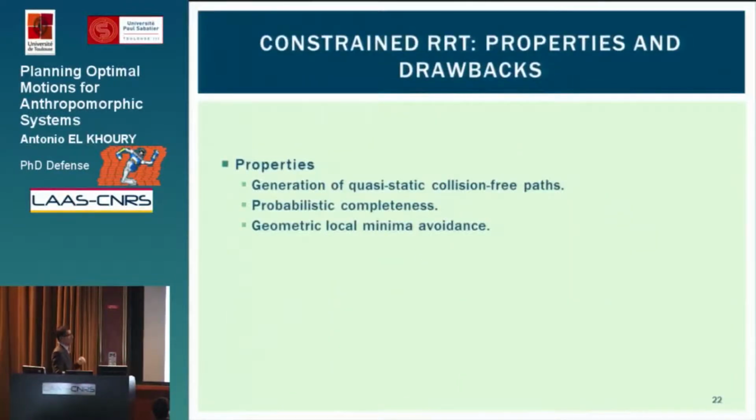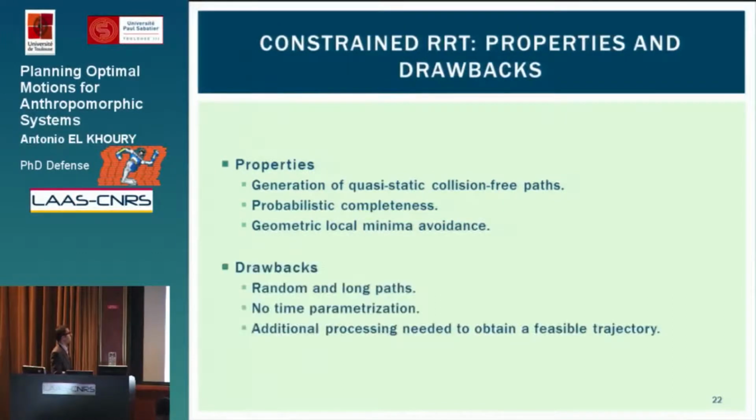Basically, what the constrained RRT does is that it inherits all the properties of the standard RRT. So it allows us to generate quasi-static collision-free paths. It is probabilistically complete, which has been proven. And since it's a global planner, it allows us to avoid getting stuck in geometric local minima.